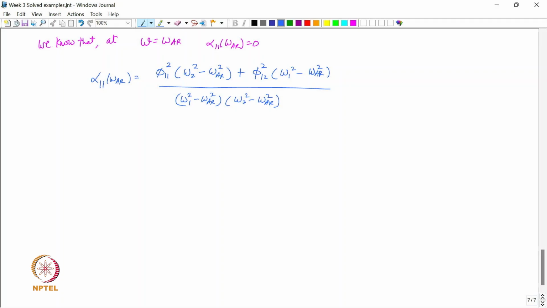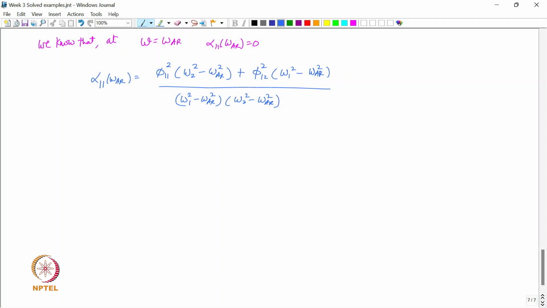So, this is the equation we get after substituting omega equal to omega ar, and now we know that at omega equal to omega ar, alpha 1 1 is 0. So, left hand side will be 0. If left hand side is 0, then that can happen only when the numerator of the right hand side is 0, correct, because the denominator is non-zero at omega equal to omega ar, right. So, by cross multiplication that cancels out.